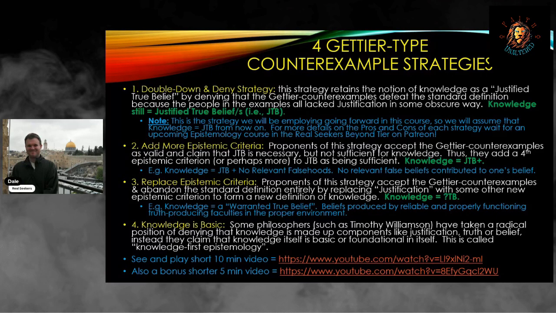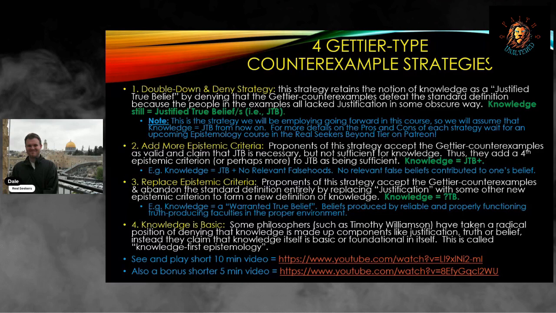That's for a different course, maybe an upcoming epistemology course where I will go into more details about the pros and cons for each of these strategies. And certainly I myself, I don't believe in strategy number 1. But to keep things simple, it's a first-year university course. For the sake of argument, we will be assuming that strategy 1 is correct and knowledge is defined as a justified true belief.